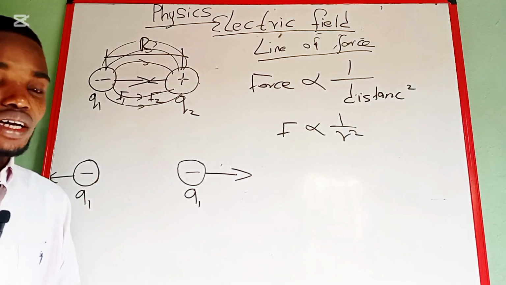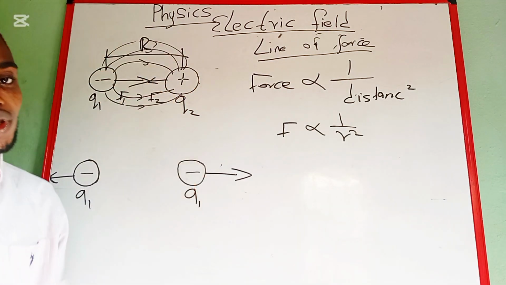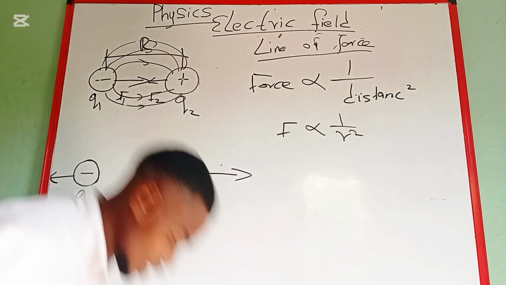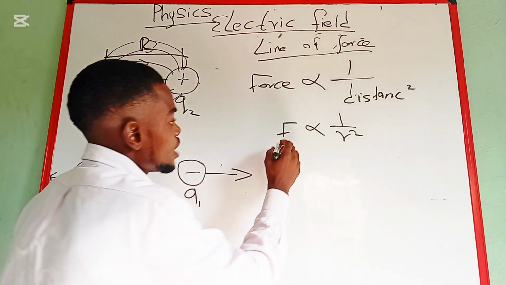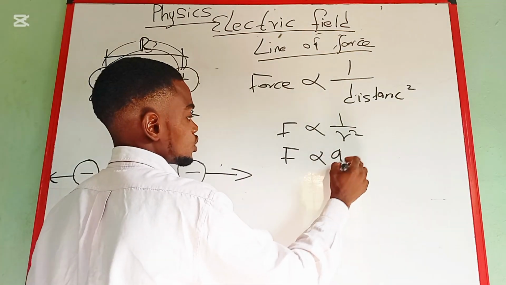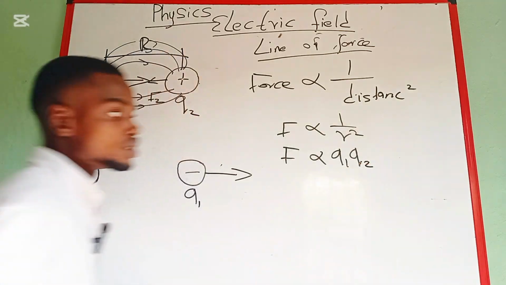He also observed that the force of attraction is directly proportional to the product of the two charges. So you will say that F is directly proportional to the product of the two charges, which is Q1 and Q2.